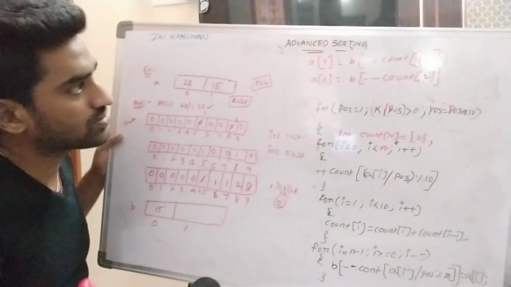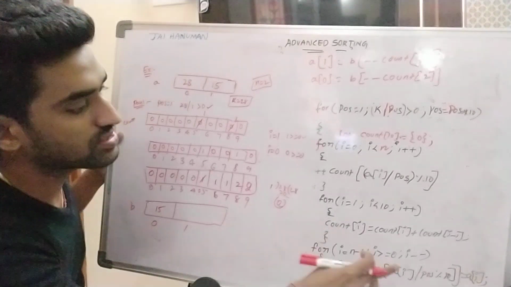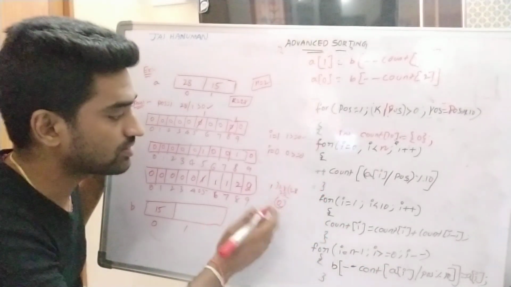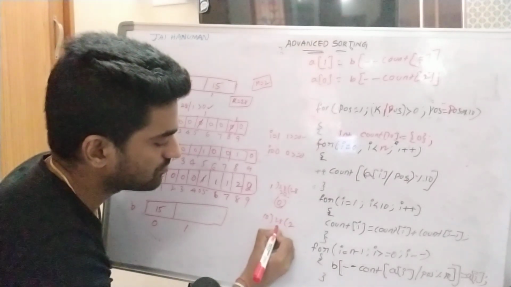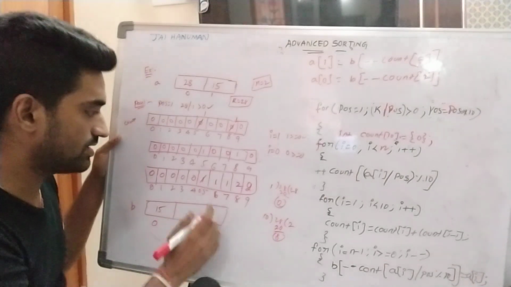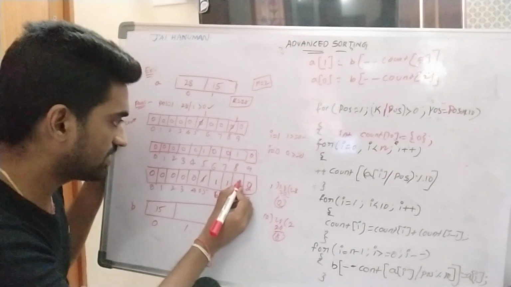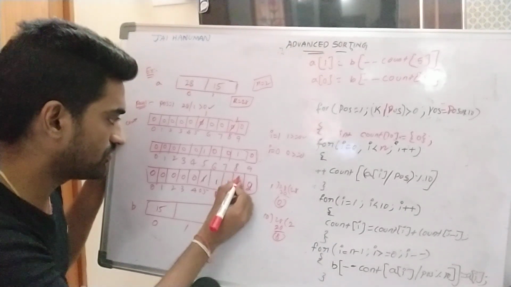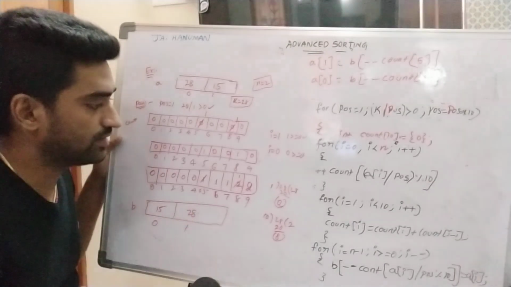So 28 modulo division of 10: 10 twos are 20, so 8. So go to the 8th index, decremented by 1. So at the first index we are storing 28.